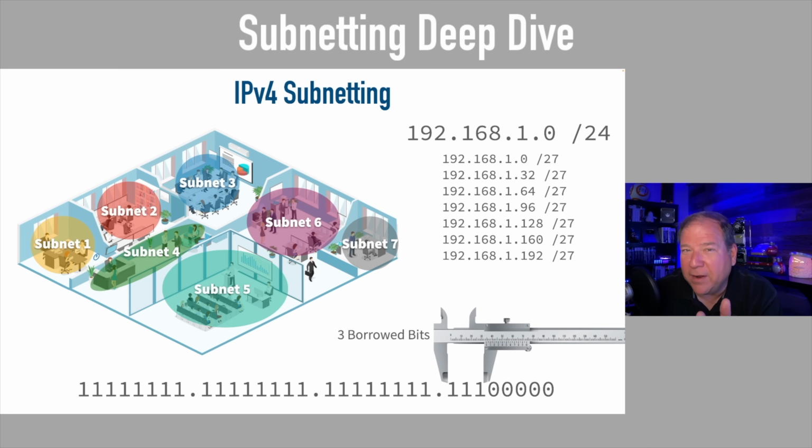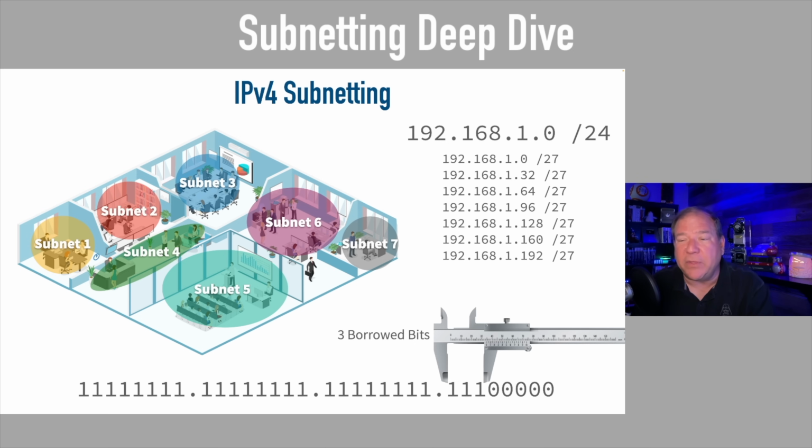So this is where it's super important to know, are you dealing with a Class B network or are you dealing with a Class C network? Because they have different default subnet masks. If I were to say, yeah, I'm using 3 borrowed bits, well, I don't know if I'm dealing with a /19 subnet mask or a /27 subnet mask, because I'm adding them on to the default, to the classical, to the natural subnet mask.